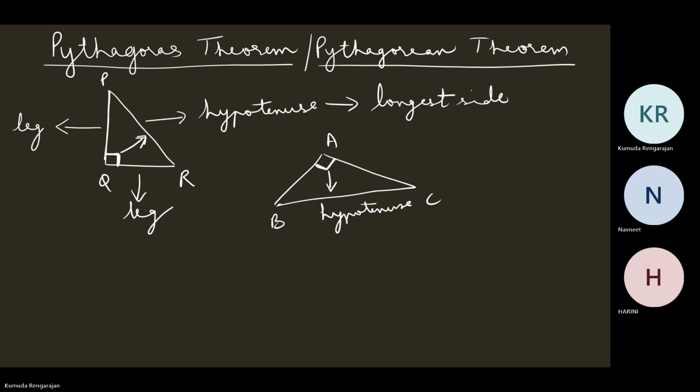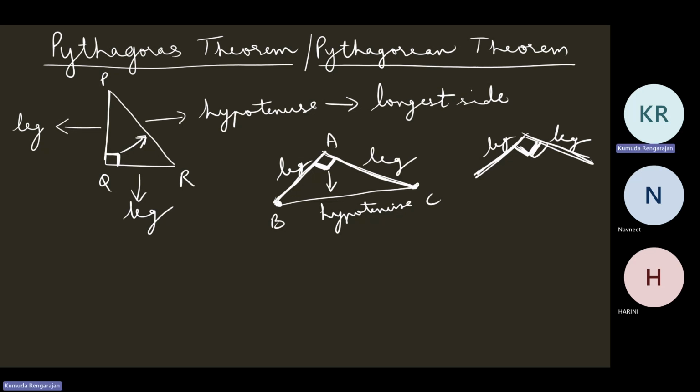BC is the side opposite to angle A. And the right angle is contained by these two sides. These two sides are the arms of this right angle, so they are called the legs. So AB is a leg, AC is a leg, and BC is the hypotenuse. And BC will be the longest side.